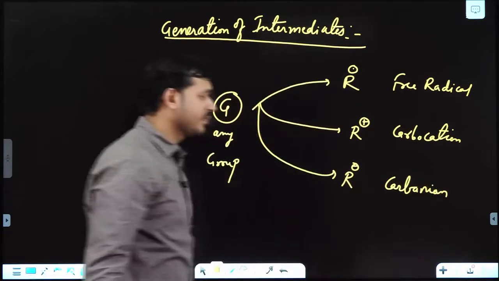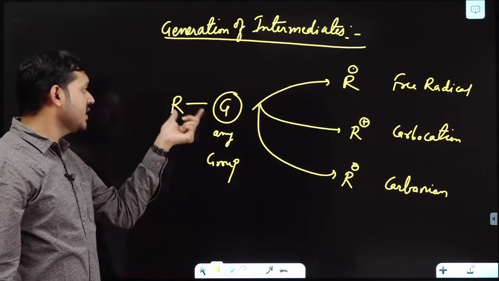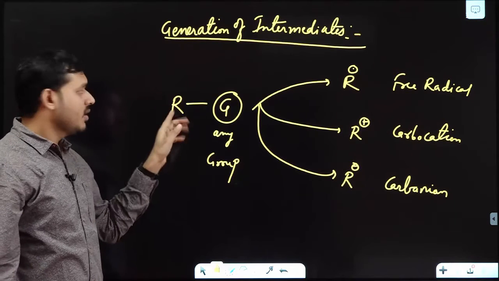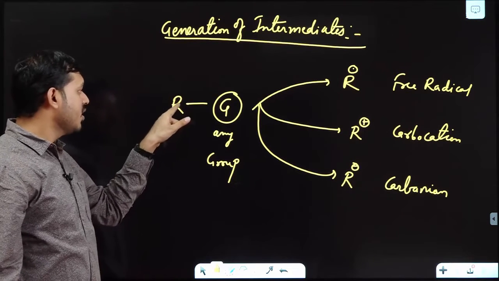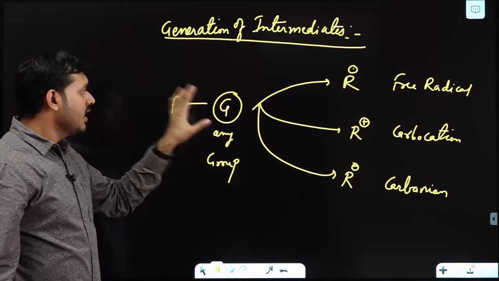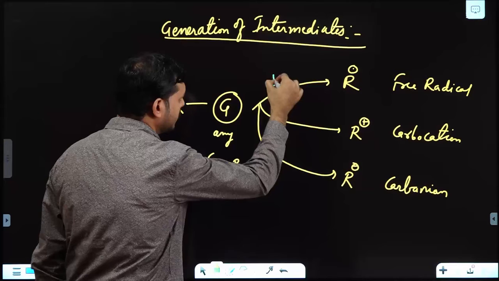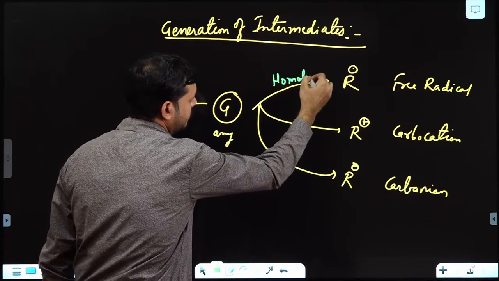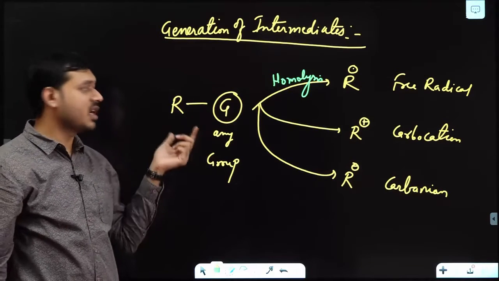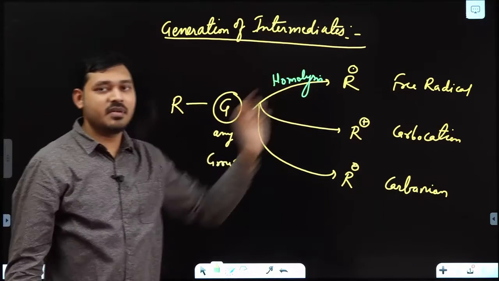Okay, now if this bond is broken in such a way that the two electrons are distributed equally between the two, meaning one electron stays with this carbon and this group is taken away with one electron, then this is called homolysis. Homo means equal, lysis means breakdown of this bond with equal distribution of electrons, and hence a free radical will be generated.